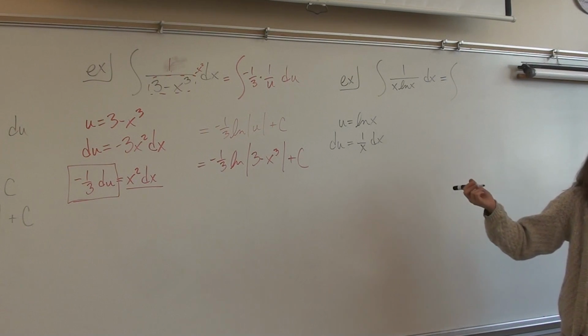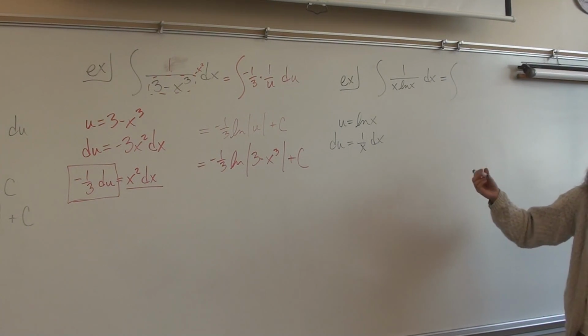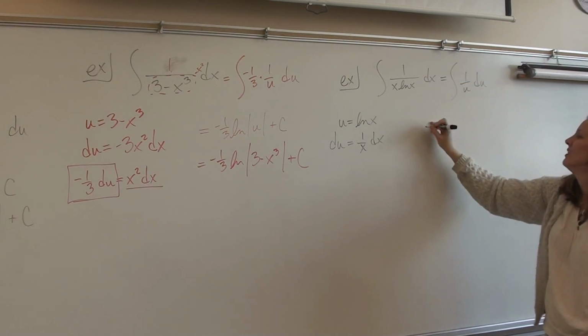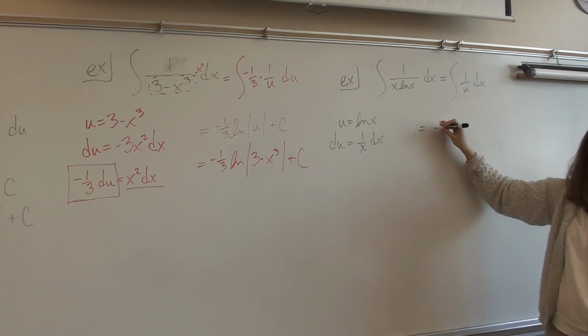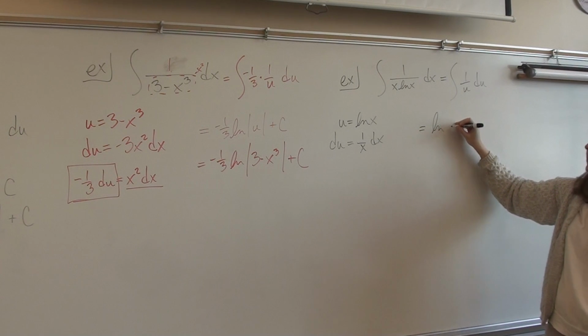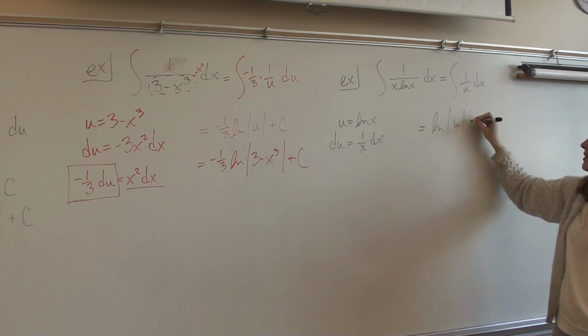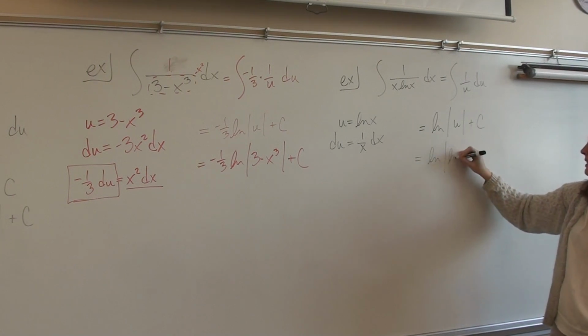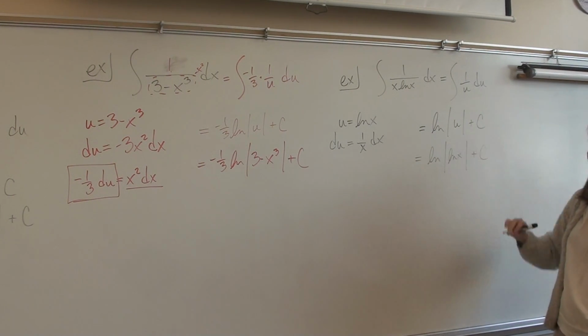So what do you get when you rewrite it? 1 over 1 over u du. Isn't that nice? So what's the antiderivative? ln absolute u plus c, or ln absolute ln x plus c.